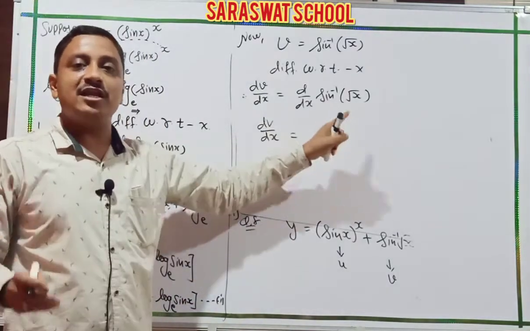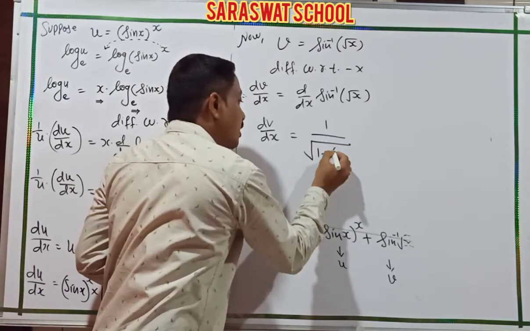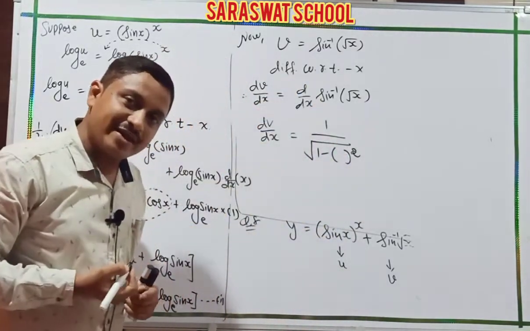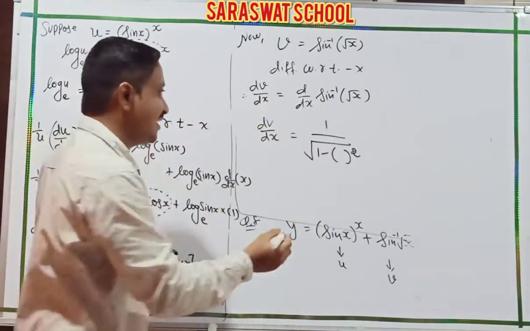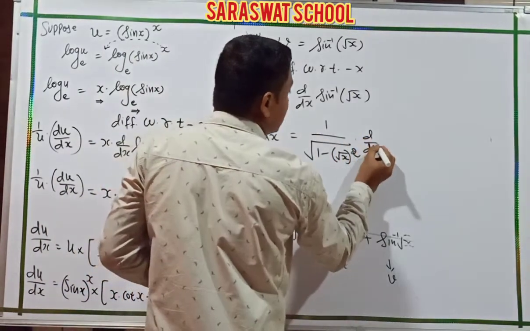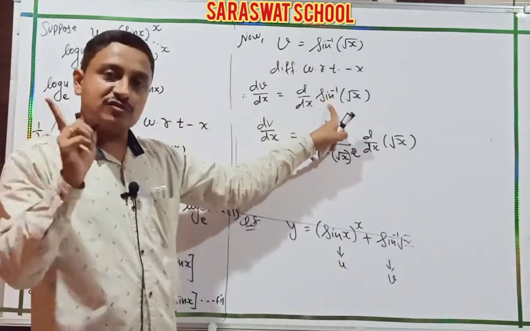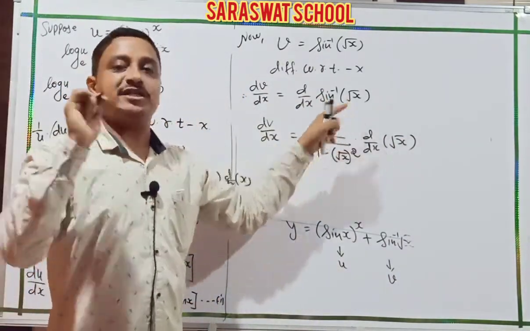And what is the sine inverse derivative? 1 upon under root 1 minus x square. Yes. And what is the x? X is root x. And the derivative of root x is to be taken as it is, because I take the sine inverse function derivative first, after that the root x derivative.